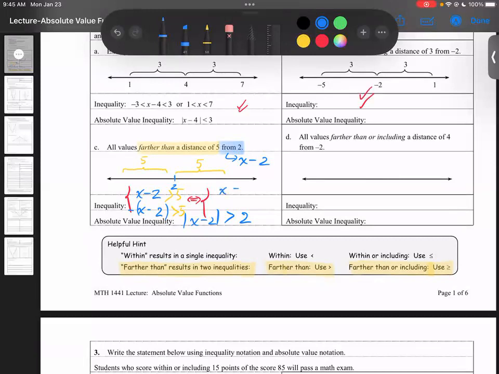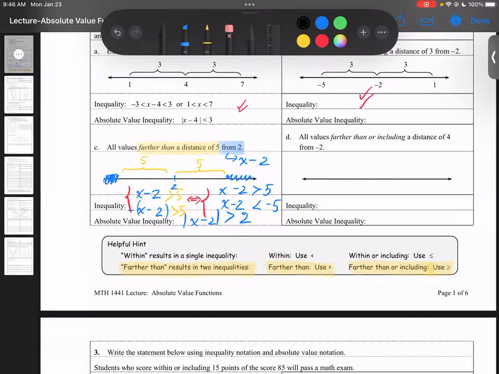The top, there's nothing I can do, just x minus 2 greater than 5. On the bottom is going to be what? If I divide both sides by negative 1, x minus 2 less than negative 5. So x minus 2 less than negative 5 means the solution is right there, and x minus 2 greater than 5, your solution is right there.